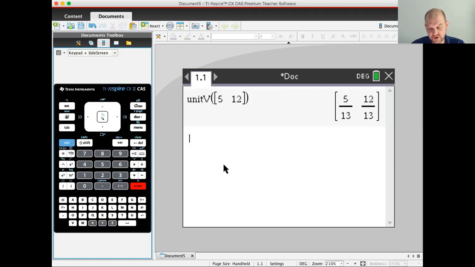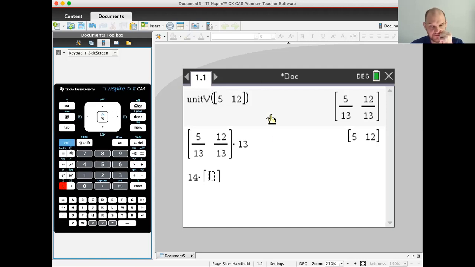Other things you can do is you can scalar multiply. So if I want to, for example, I can take the previous answer and multiply by 13. It'll give me this. Or I can do one of the problems. So 14 times, scalar multiplication on the calculator is the same process as matrix multiplication. So 3/5, comma, 4/5.